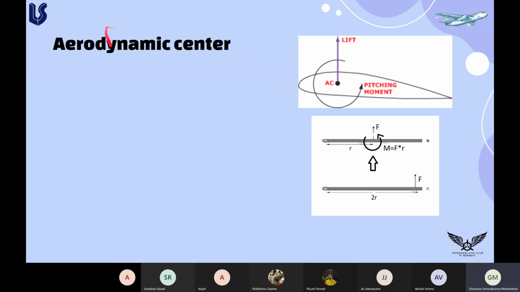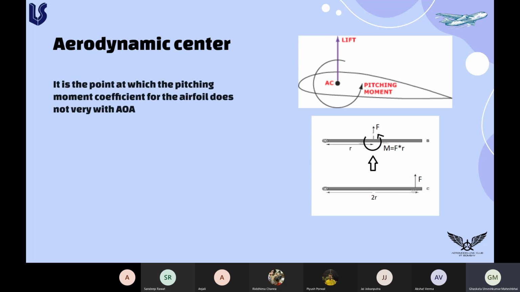Another beauty of this aerodynamic center is that this pitching moment also remains constant. This is also actually the definition: it is a point where the pitching moment coefficient remains constant with angle of attack, meaning it does not change with angle of attack or lift coefficient.